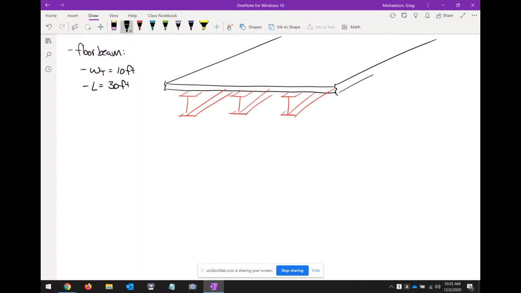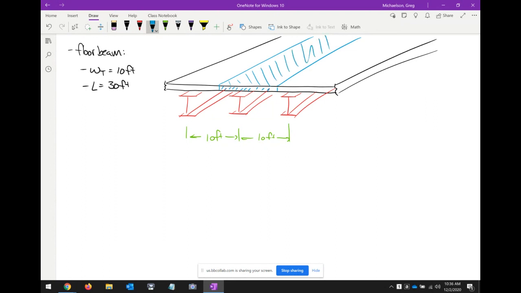Oh, forgot one. Just to make sure we're understanding this conceptually, this dimension is 10 feet, and this dimension is 10 feet. Now, this beam in the middle, this blue shaded region, would represent the tributary area for a typical interior floor beam.